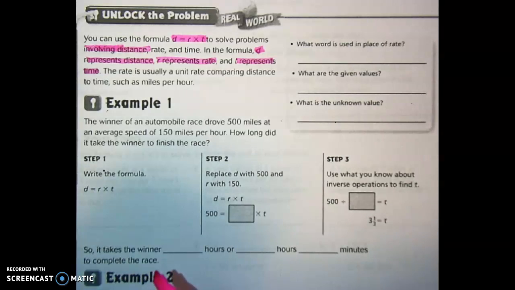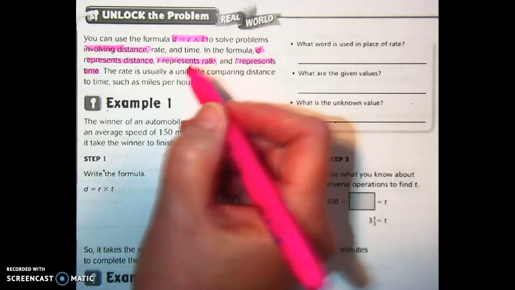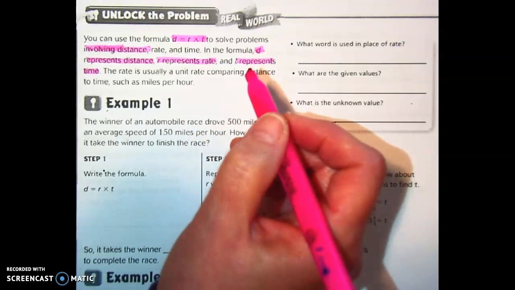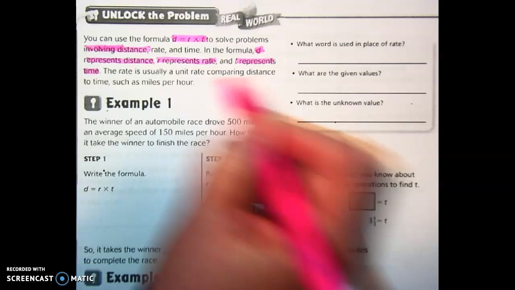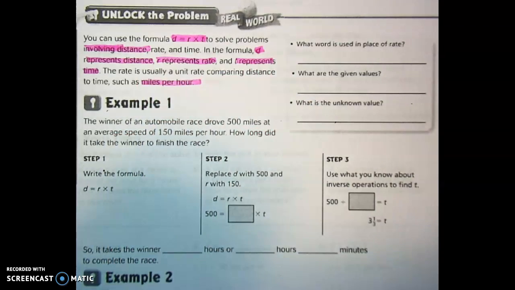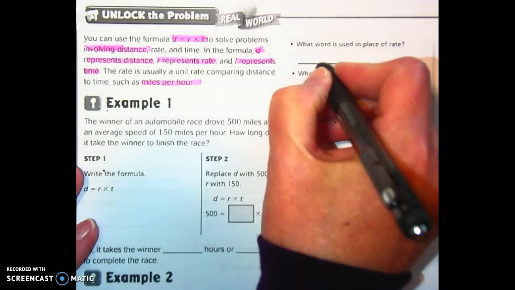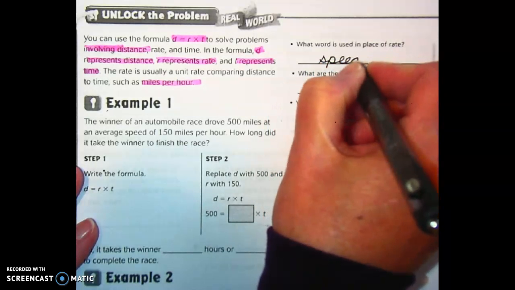The rate is usually the unit rate comparing distance to time, such as miles per hour. So it can be anything, but if you're going on a trip, you're probably going to be doing miles per hour. It says, what word is used in place of rate? The rate is how fast you go, so it's your speed.